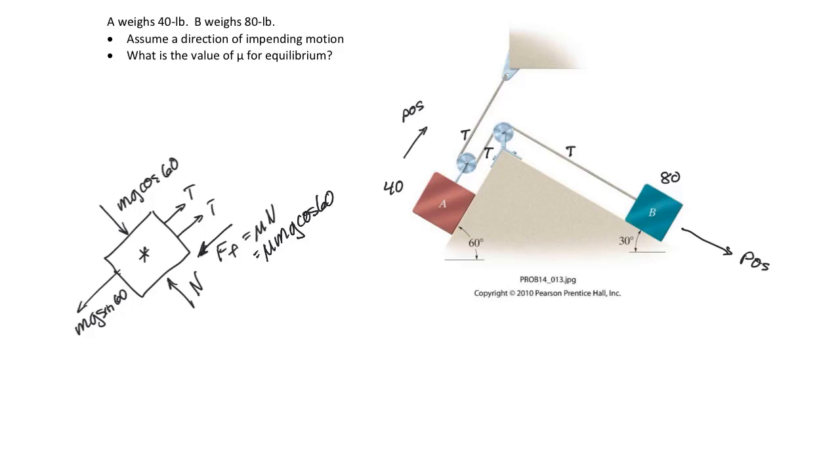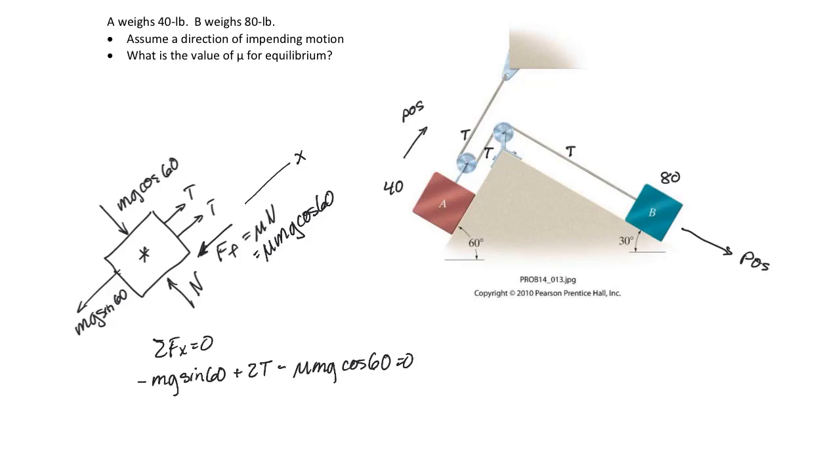Let's sum the forces in the x direction. This will be the positive x direction going up. Sum of the forces in x is equal to 0. So I have minus mg sine 60 plus 2T minus mu mg cos 60 equals 0.